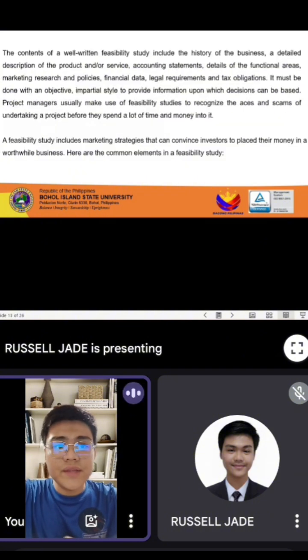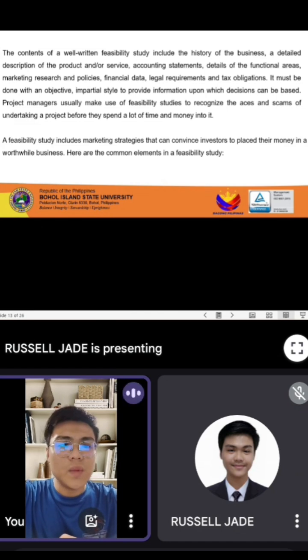The content of a well-written feasibility study includes the history of the business, a detailed description of the product and/or service, accounting statements, details of functional areas, marketing research and policies, financial data, legal requirements, and tax obligations.